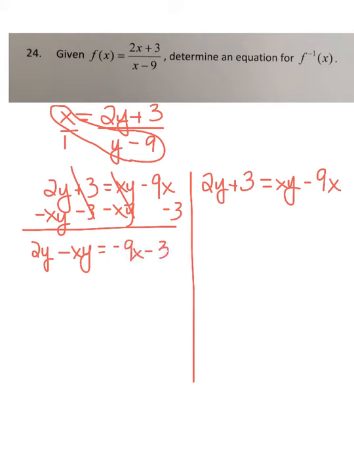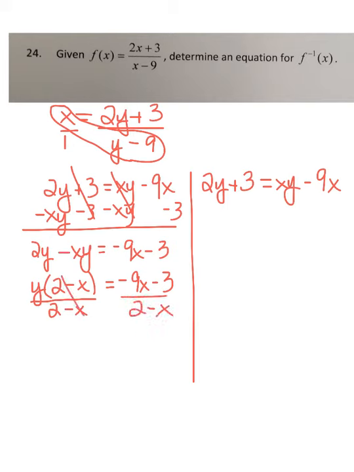Okay? All right, then on the left-hand side, I'm going to factor out a y because both terms on the left-hand side have a y. So let's take that y out. And I have 2 minus x equals negative 9x minus 3. Almost done. Now my y is almost by itself here. I just have to divide by what's attached to it, which is the 2 minus x.